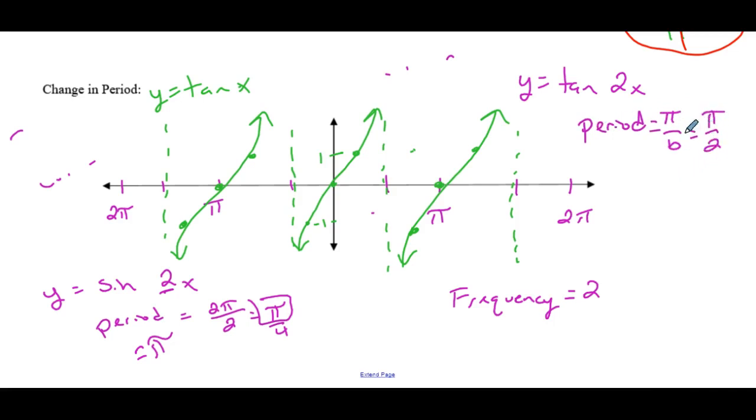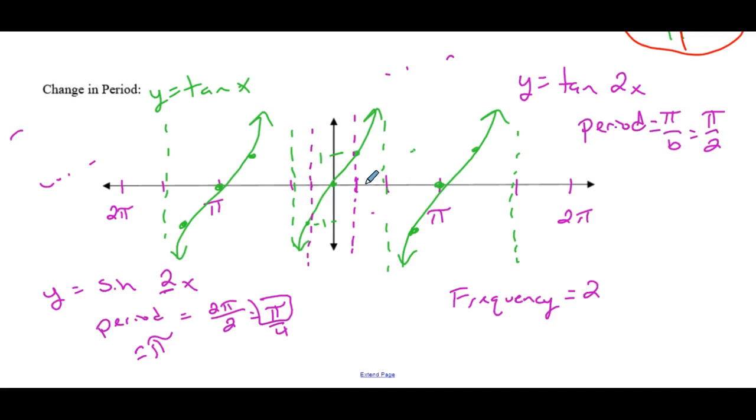Okay, so if our period is pi over 2, and remember that if we see between 0 to pi, right, there's an asymptote here halfway. So if we've cut that in half again, that means my asymptote should be halfway here and should be halfway here.